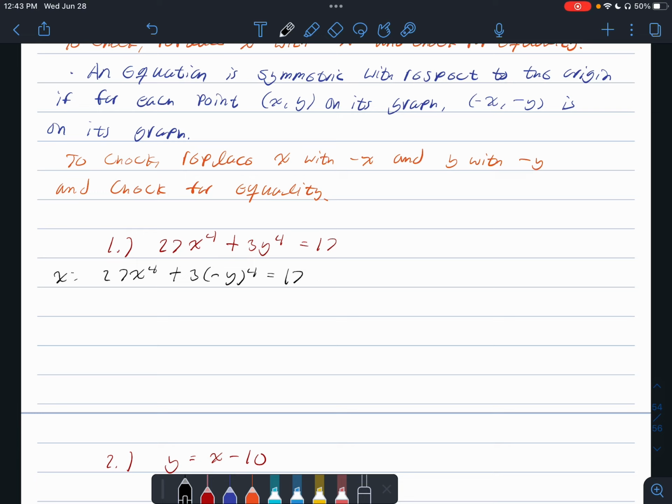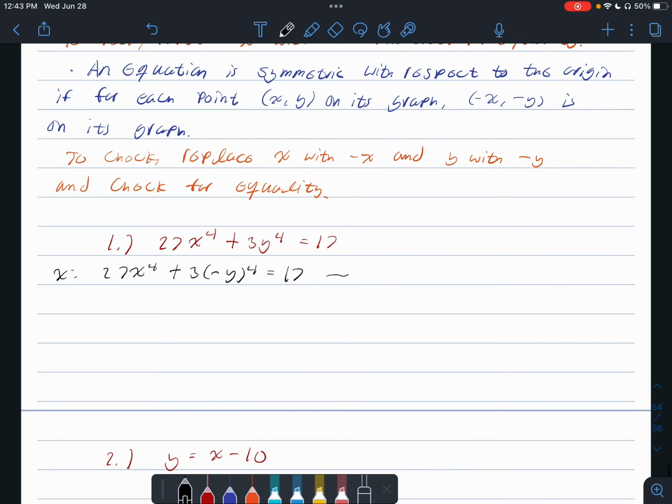Hopefully we can see that negative y to the fourth, because it's raised to an even power, is just y to the fourth. So we have 27x to the fourth plus 3y to the fourth is equal to 17. And that is the same. So that means we're good. It is symmetric with respect to the x-axis.